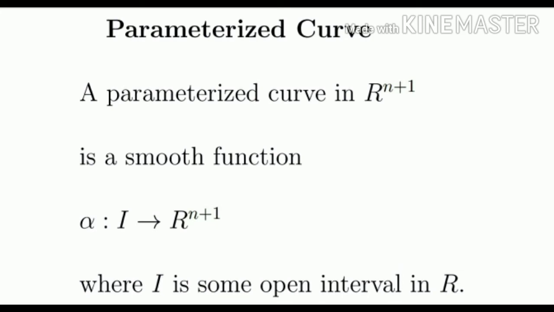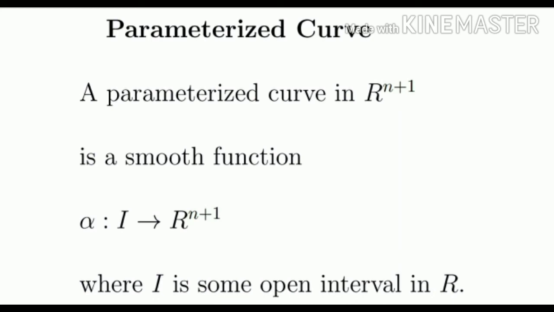Parameterized curve. A parameterized curve in R^(n+1) is a smooth function alpha from I to R^(n+1), where I is some open interval in R. That is, any smooth function from an open interval I to R^(n+1) is a parameterized curve.